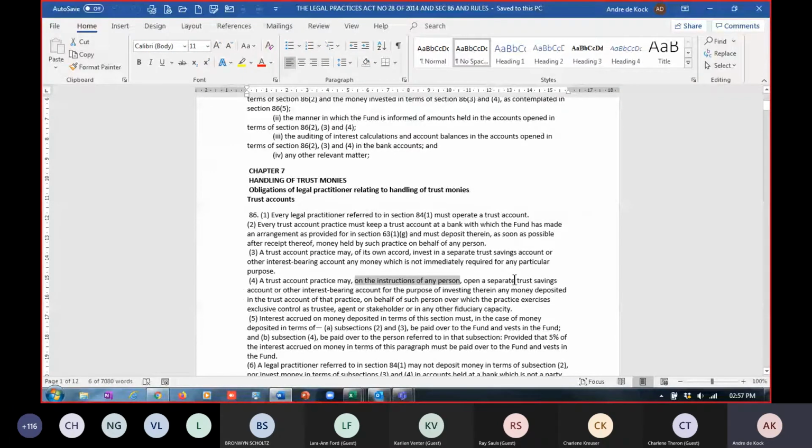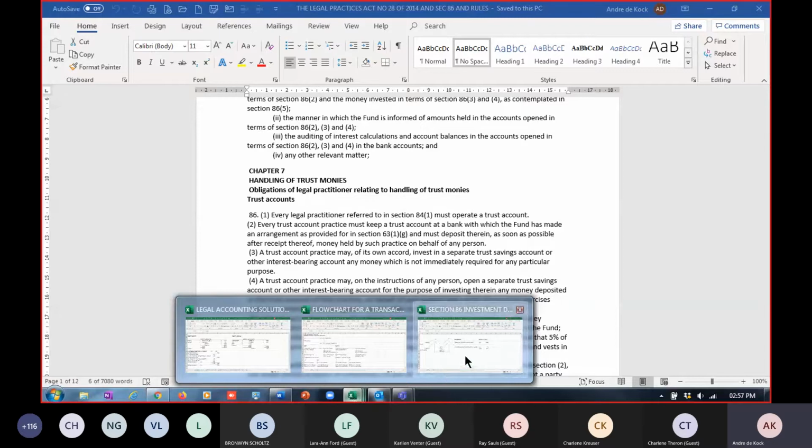It may open a separate trust savings account or other interest-bearing account, which is exactly the same as over here, for the purpose of investing any money deposited in the trust account of that practice on behalf of such person, over which the practice exercises exclusive control as a trustee, agent, or stakeholder, or in any other fiduciary capacity. So let's have a look at this.